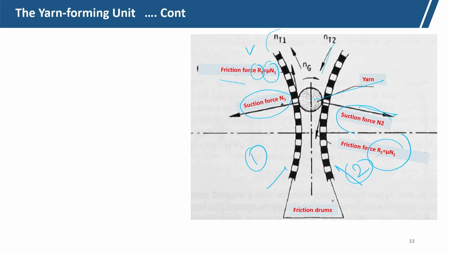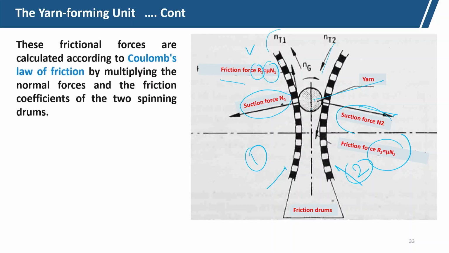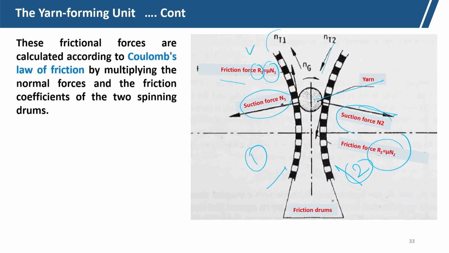So, these suction forces are different. The friction forces are calculated according to Coulomb's friction law, where the coefficient of friction is multiplied by the normal force generated by the suction.